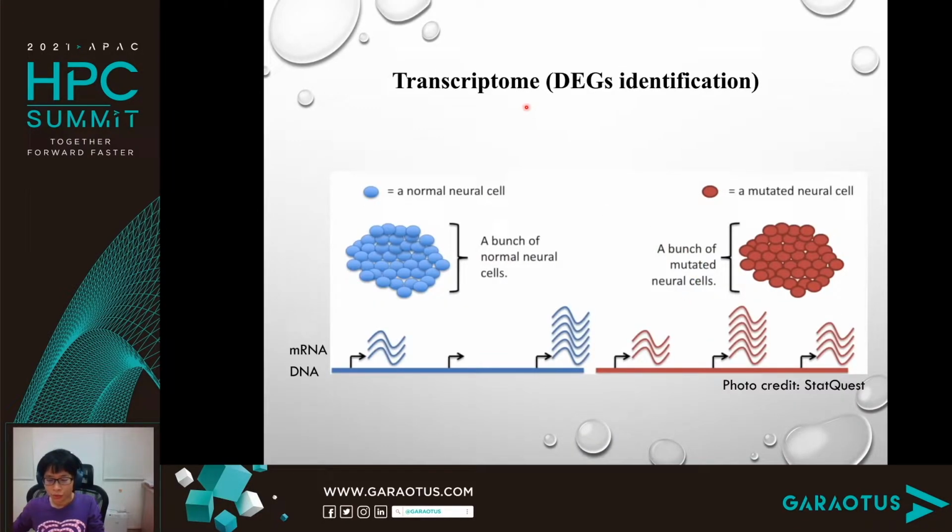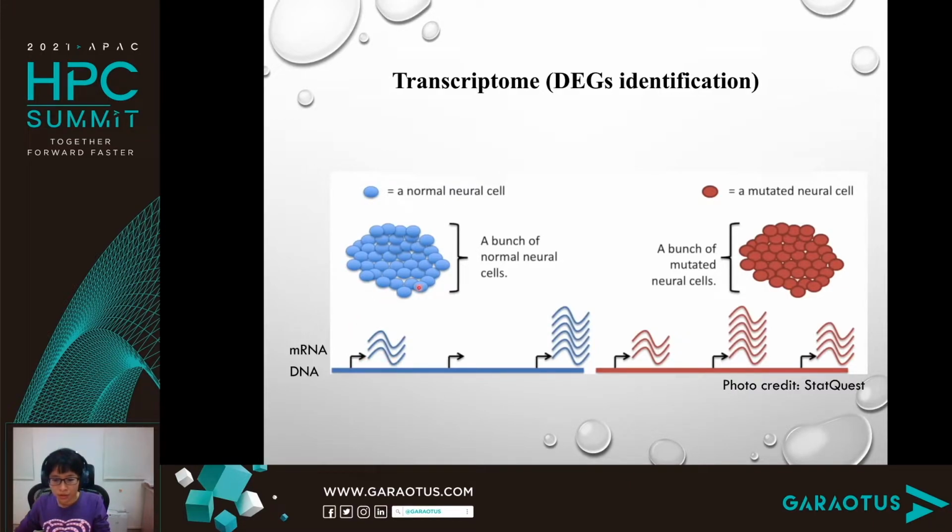For transcriptome data, usually we are interested in identification of differentially expressed genes. As an example shown here, say we have normal samples represented as blue circles, and mutated neuron cells represented as red circles. Say we only have 3 genes in our genome, shown here as DNA, and those genes can be transcribed into mRNA.